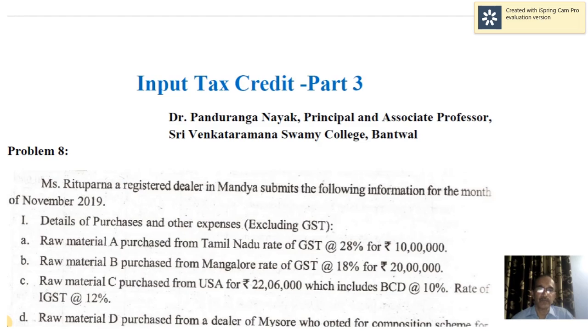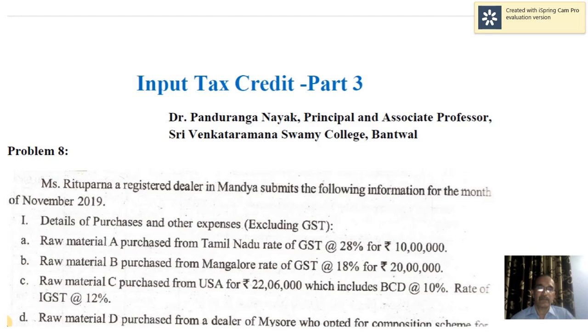These are called output taxes. Similarly, you are supplied with goods by some other dealer and you are receiving the goods. In turn, you are paying the tax. That is called input tax. Input tax is on inward supply. Output tax is on outward supply.